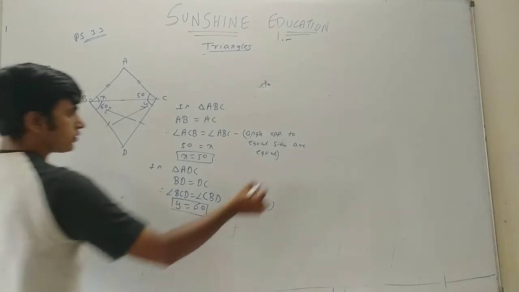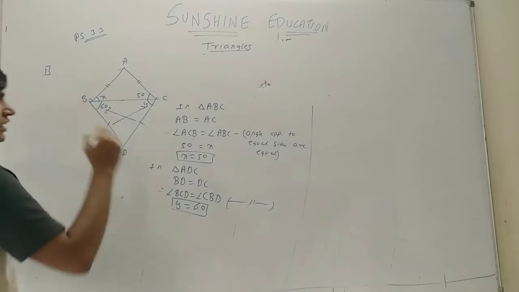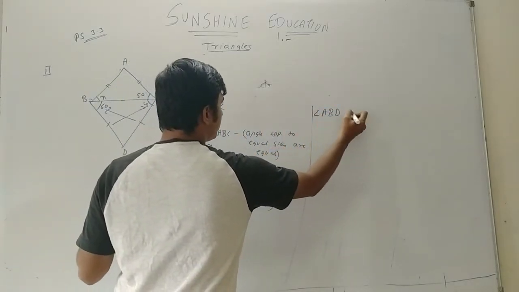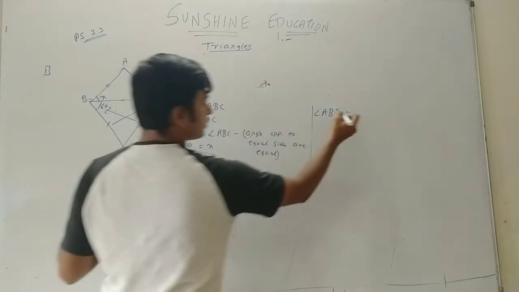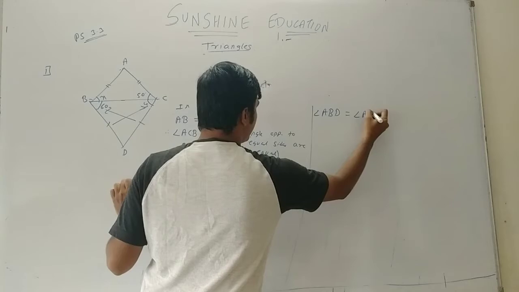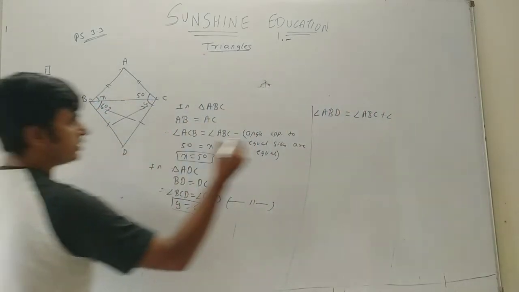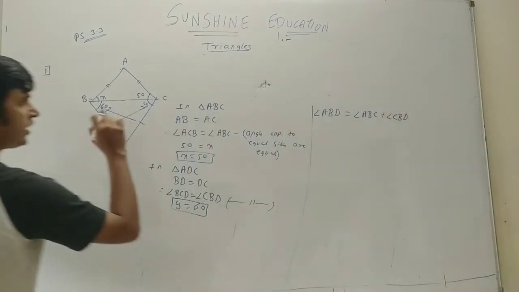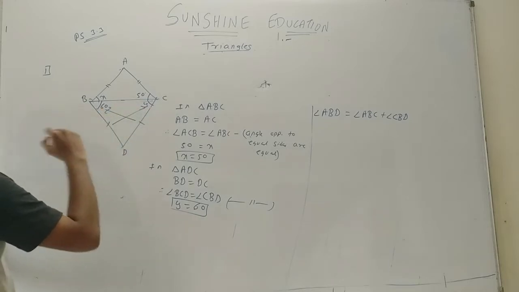So what is asked? The question was to find ABD. Angle ABD is nothing but ABC plus CBD, adding those two angles.